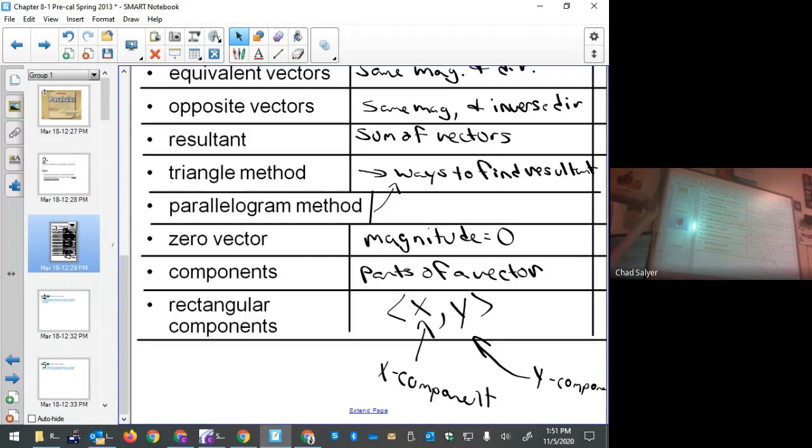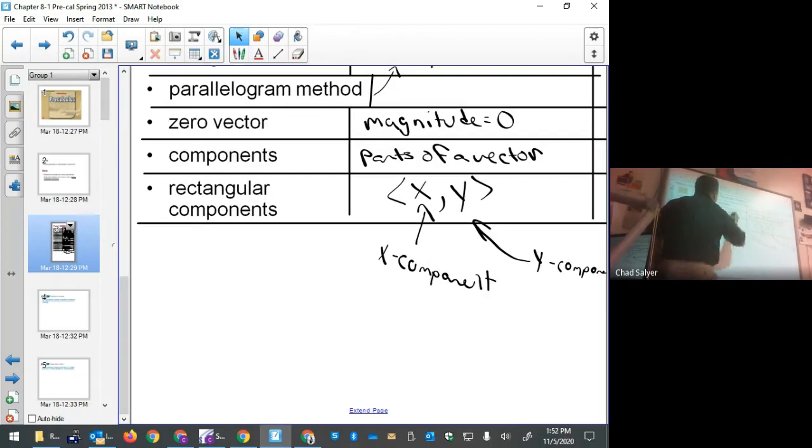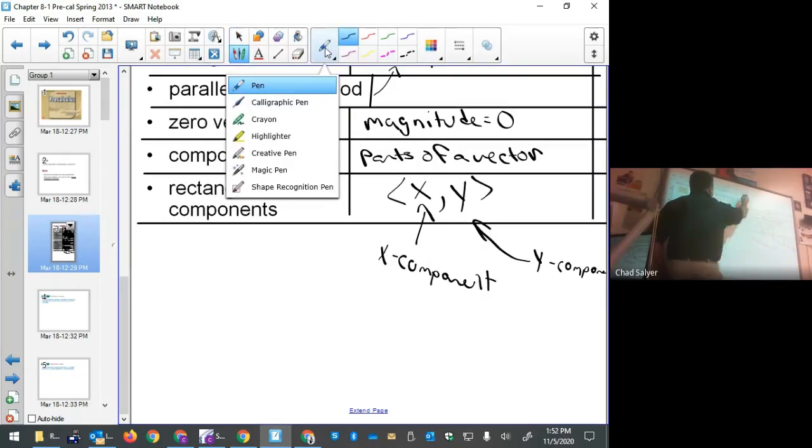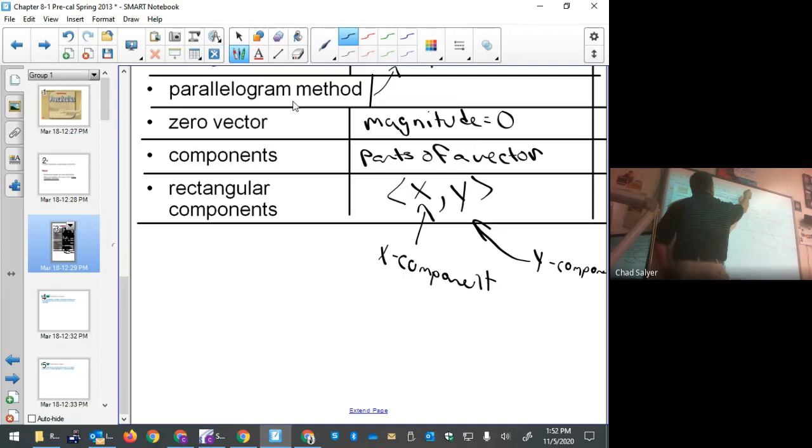Another quick note: how do you write a vector? In your book and in other textbooks, it's often bolded. If I have a vector v, a common variable used for a vector, it's a bolded v. That's difficult to do in your own notation. So when you're writing a vector, typically we'll write it with a little half arrow hat.